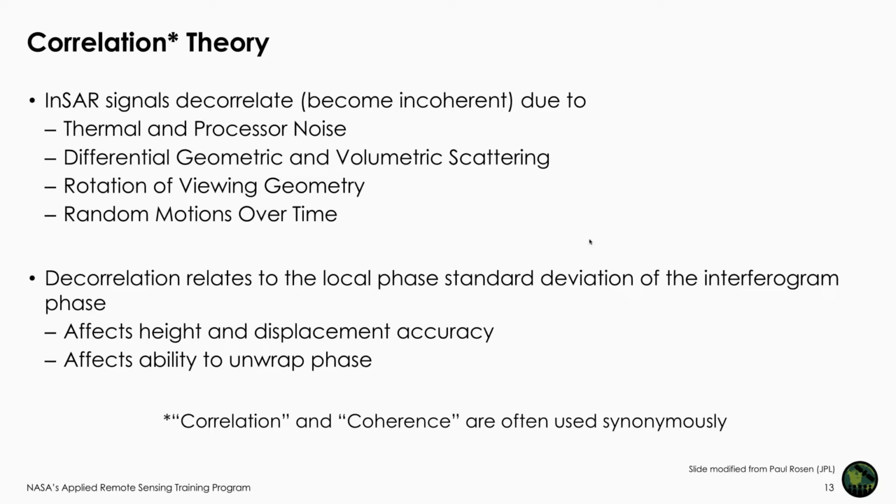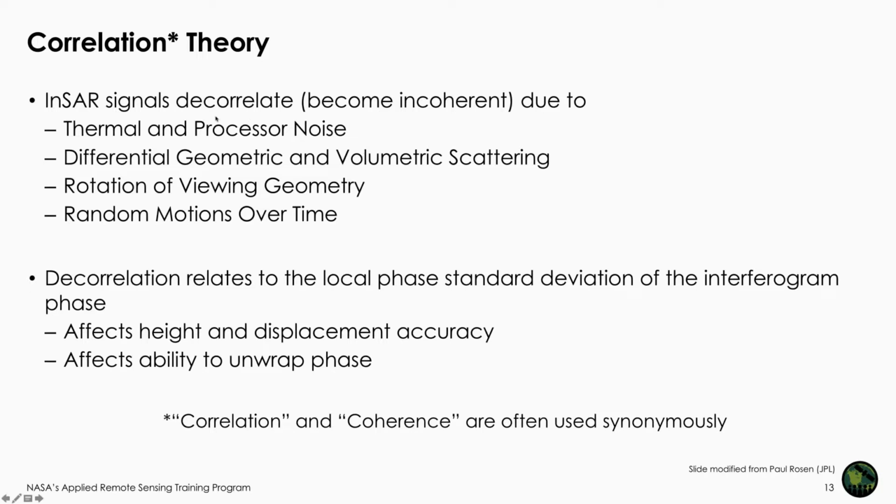So you'll see both terms used. Some people call it coherence, some people call it correlation. In the SNAP software, they call it coherence, but a lot of people call it correlation. So you just have to understand that both are really the same thing.